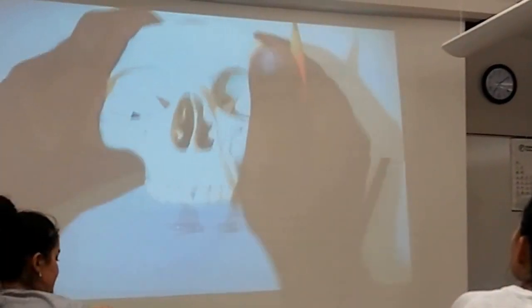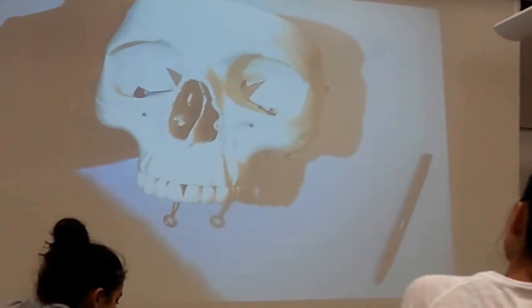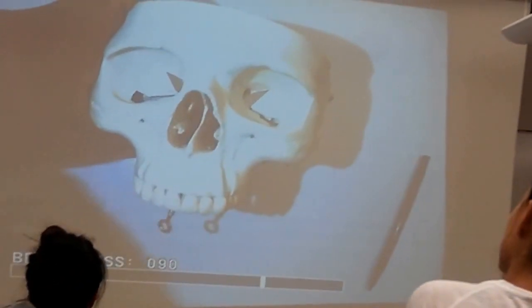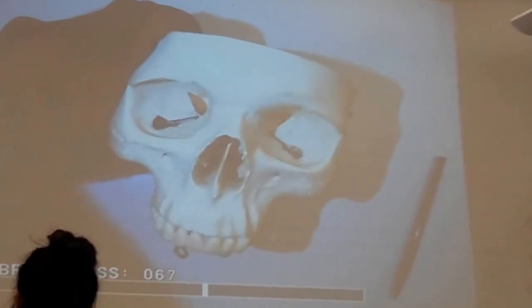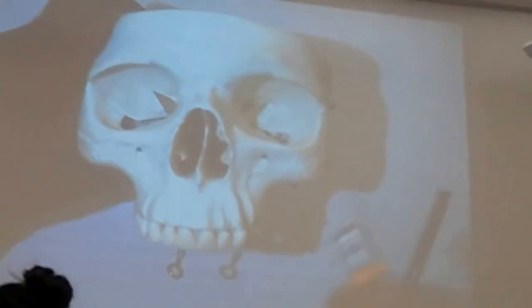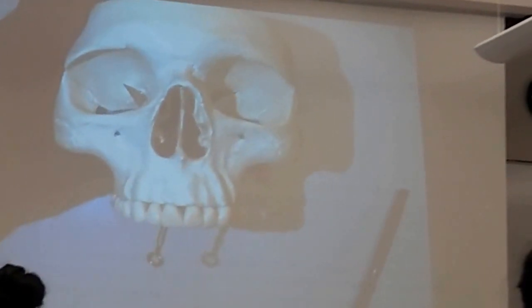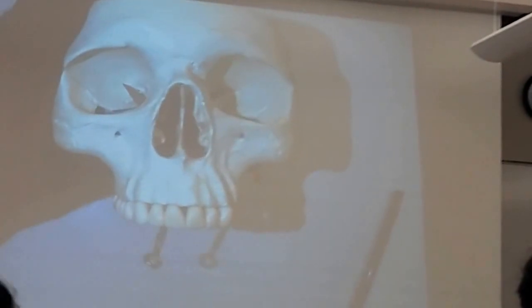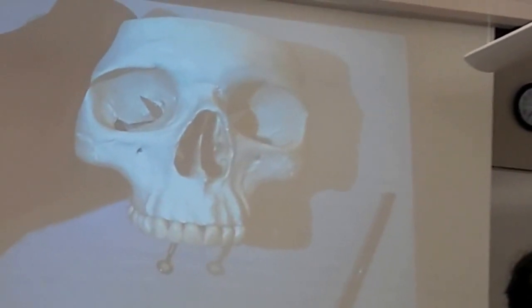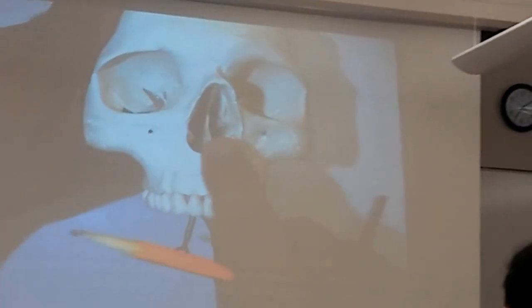The very last thing is the maxilla from the front, and the last thing. These are the bones. We agree to that. This is the nasal septum, right? Remember the nasal septum is made by 2 bones. This is the anterior nasal spine.